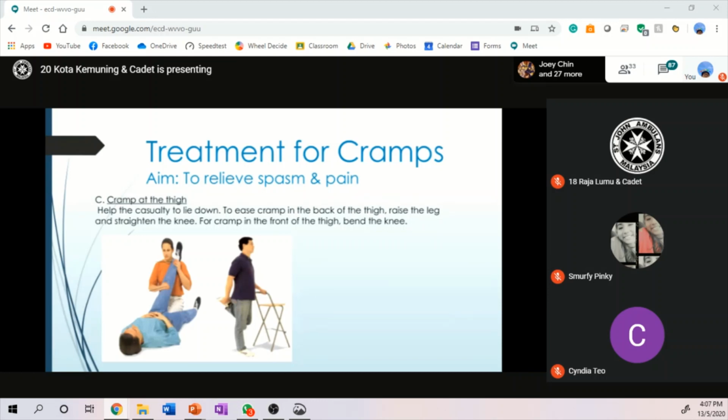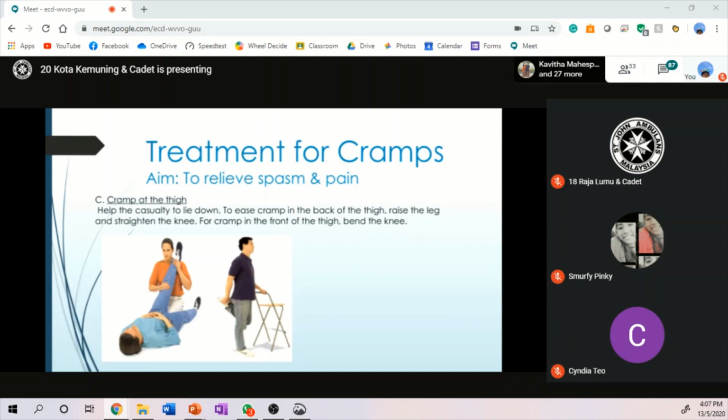You need to raise the leg of the casualty to your shoulder, and then push their leg into a higher position slowly, or else the patient will be in a lot of pain.